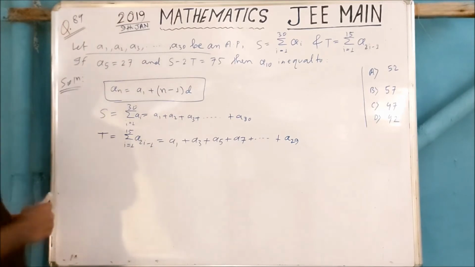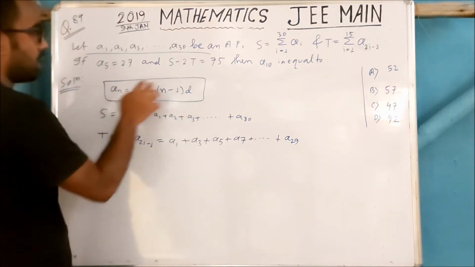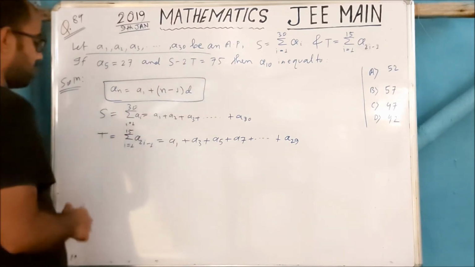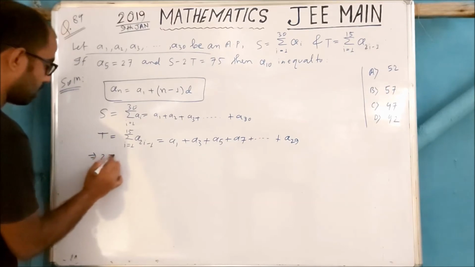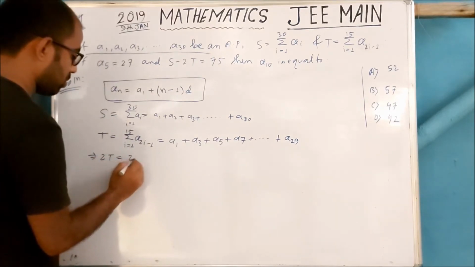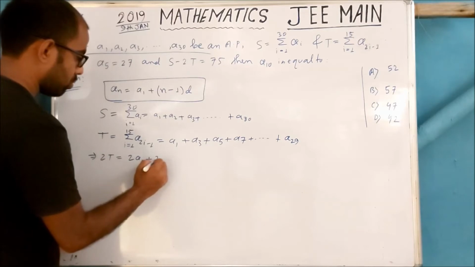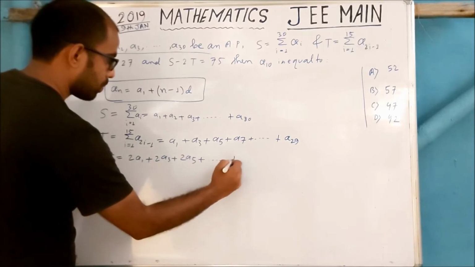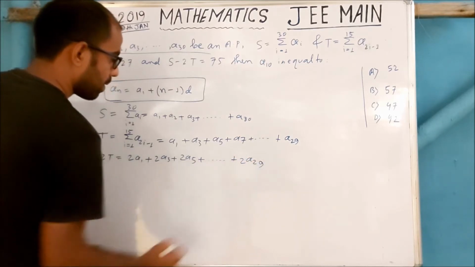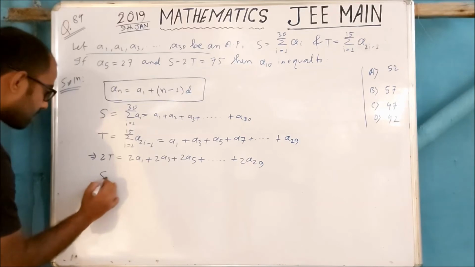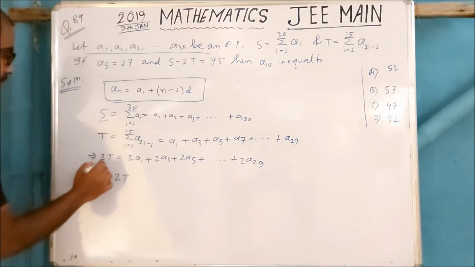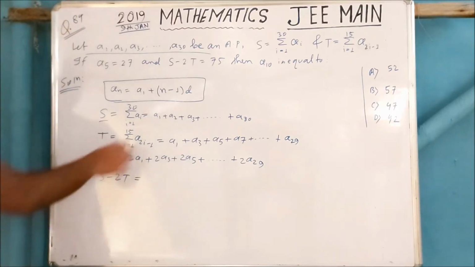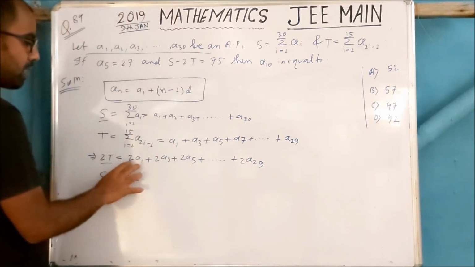Now we multiply by 2 because here S minus 2T equals 75. So we multiply this T by 2, and we get 2T equal to 2A1, 2A3, 2A5, up to 2A29. Now we subtract S minus 2T, that means this minus this. So we get here, this is the A1 term: A1 minus 2A1, that is minus A1.